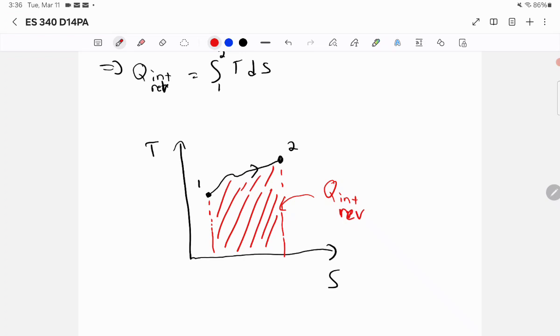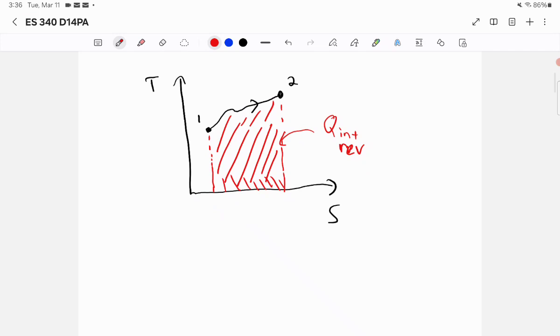This doesn't work for irreversible processes, but it does work for an internally reversible process. So we can take this area, the whole region under this curve, all the way down to here, to be the heat transfer in this case.